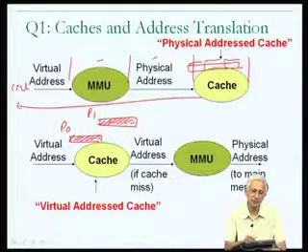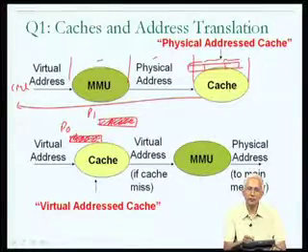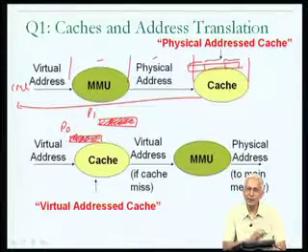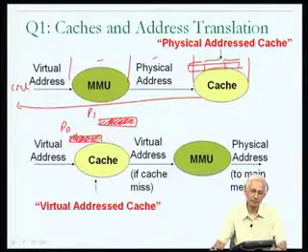Both of them could be hex A000, but we know quite well that hex A000 from the perspective of process 1 means something quite different from hex A000 from the perspective of process 0. Each process has its own virtual address space.